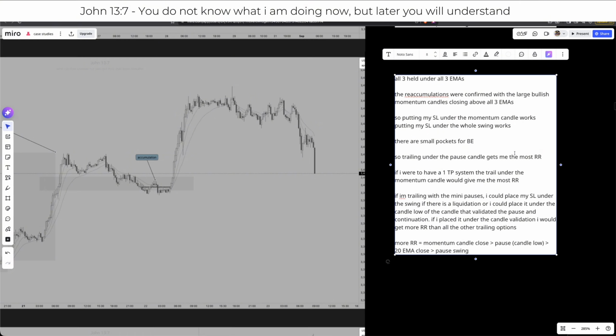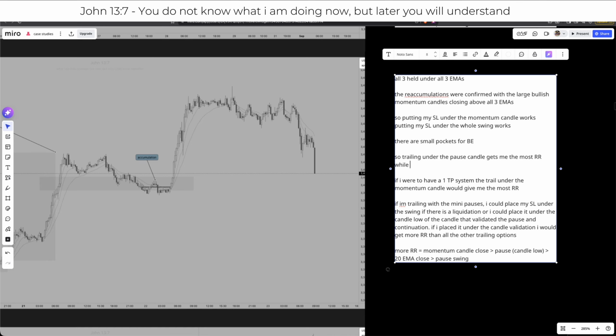So trailing under the pause, or the 20 EMA close, gets me the most, while the momentum candle gets me the least. So if I were to have one TP system, trail under the pause candle, most RR.